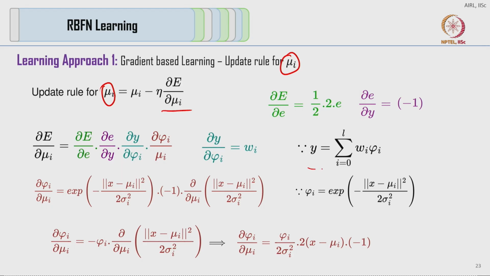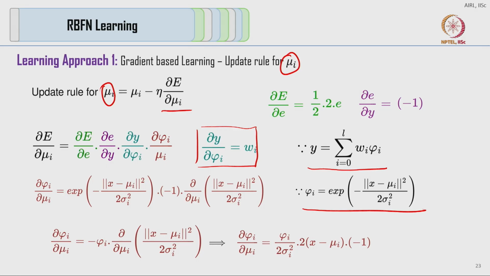Y is nothing but summation I equal to 0 to L of Wi phi I. When you differentiate this with respect to phi I, you will get only Wi. That's a term, right. Now let's focus on dou phi I by dou mu I. What is my phi I? Phi I is nothing but exponential of minus x minus mu I whole square by 2 sigma I square.